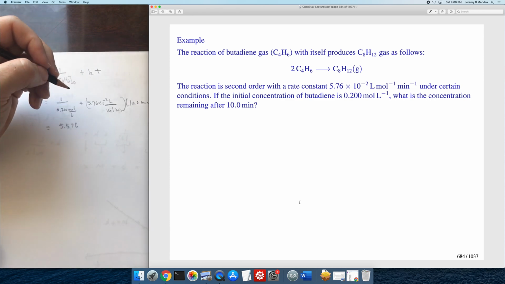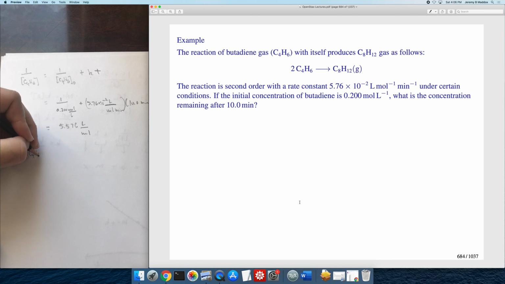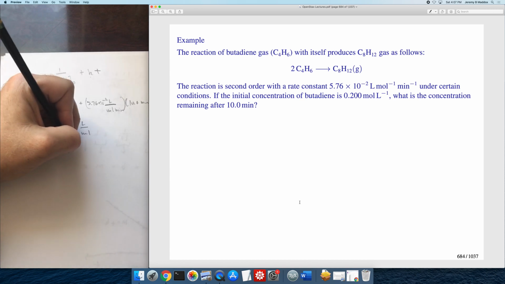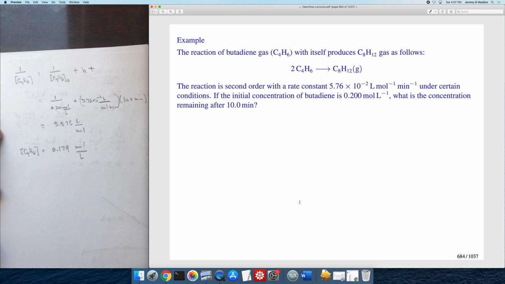This is going to have units of liters per mole. Then we take the reciprocal of both sides. You get 0.179 moles per liter. So the concentration drops after 10 minutes from 0.2 moles per liter to 0.179 moles per liter. So it illustrates the use of the second order rate law.